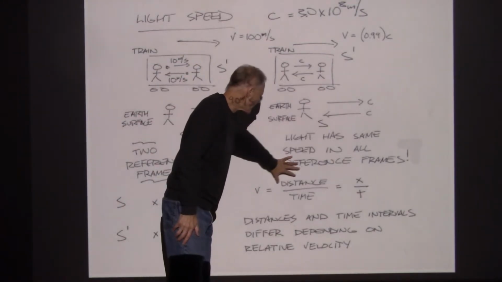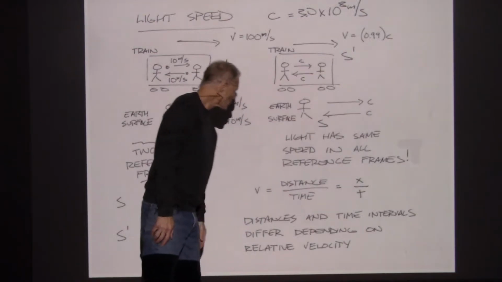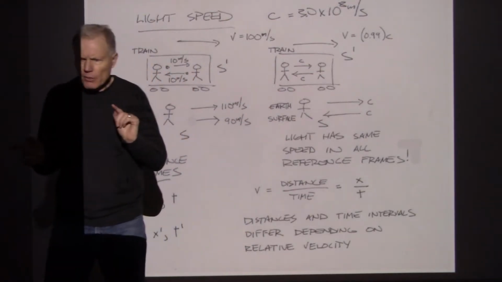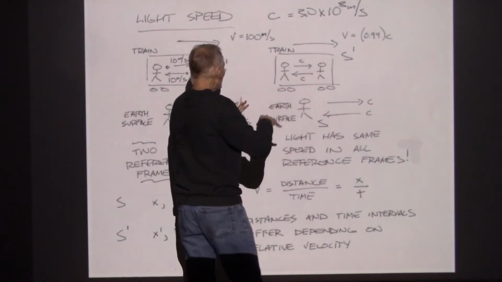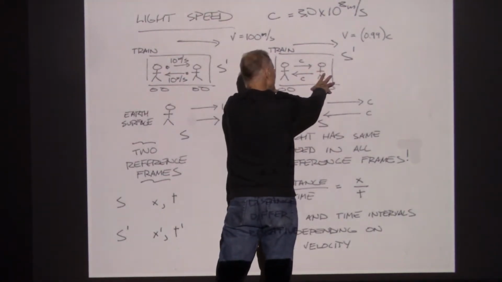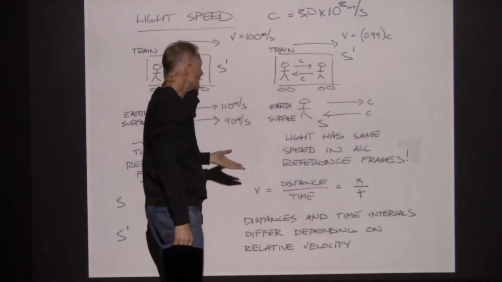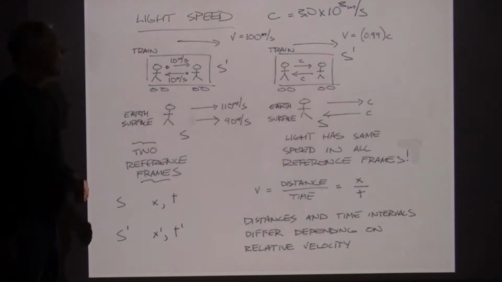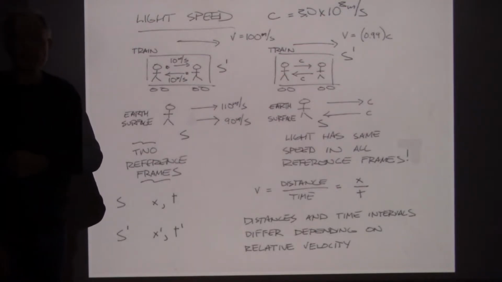Velocities are determined by measuring distances and measuring time intervals. So if there was some way that within the two reference frames, distances and time intervals were measured to be different, that would allow the possibility that everybody is measuring light to have the same speed. And that's the approach that Einstein took.